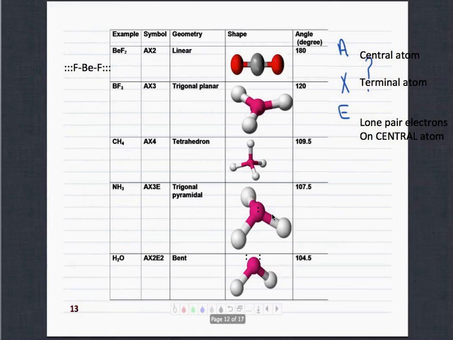So now let's go back to this one. AX3E is the geometry of the molecule. The geometry of the molecule is trigonal pyramidal, and its electron geometry, we call this electron geometry or lone pair geometry. I think I will call it lone pair geometry.